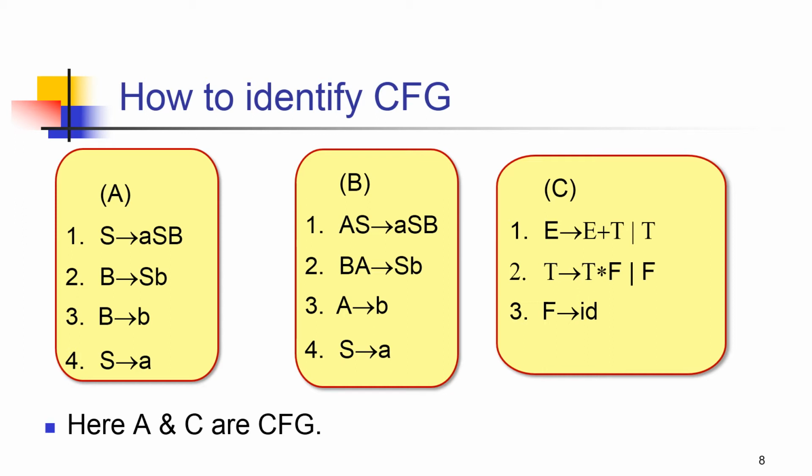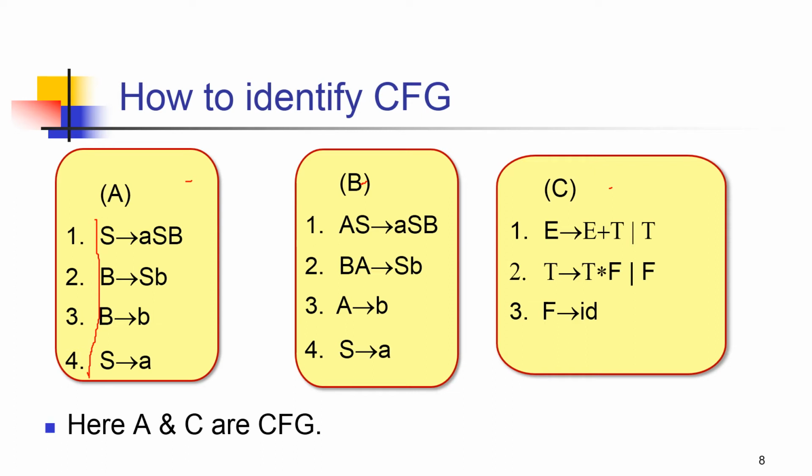Now why do A and C represent context free? As the definition says, context free grammar consists of four tuples. Yes, each and every one of A, B, C has four tuples: variable, terminal, production, starting symbol.